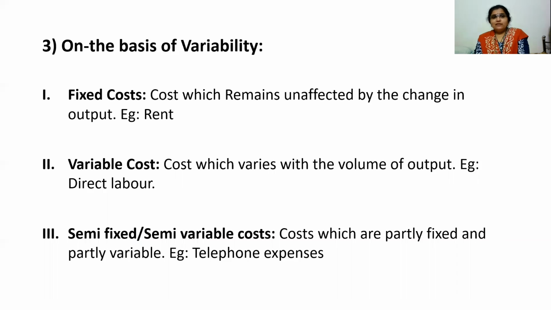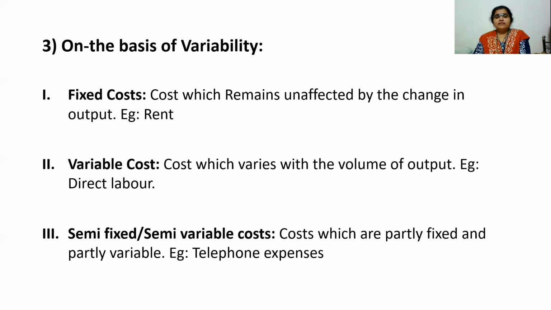Fixed cost is a cost which remains unaffected by the change in the output, for example rent of the plant of an organization. Then we have the variable cost, the cost which varies with the volume of output. That is what we call variable cost. For example, wage of a labor or salary of employees, it may change by year.